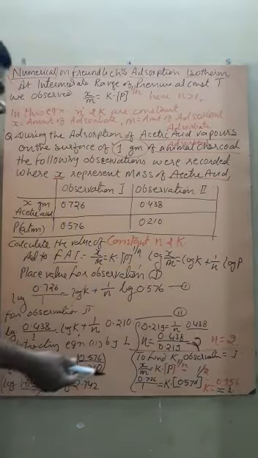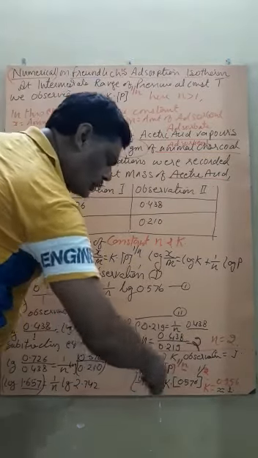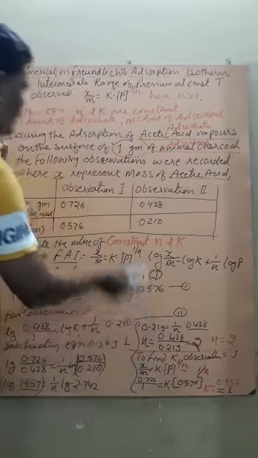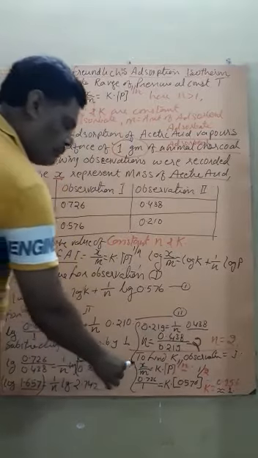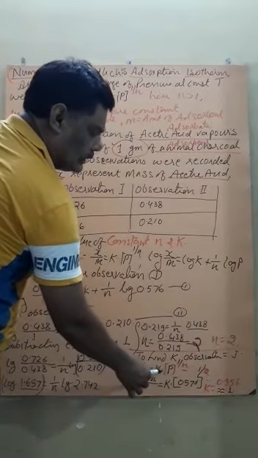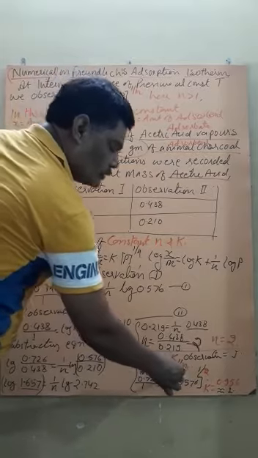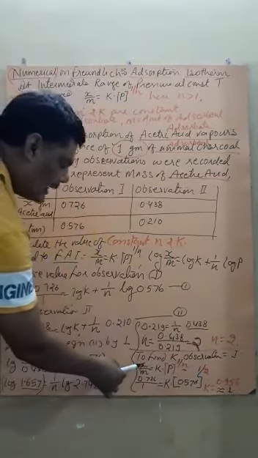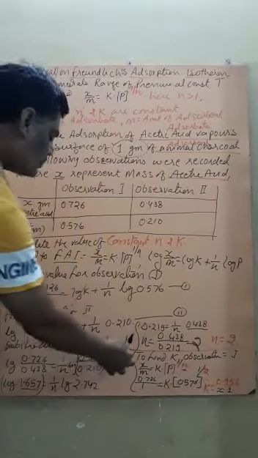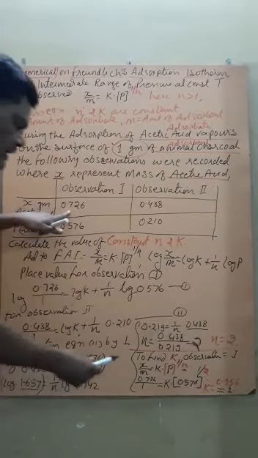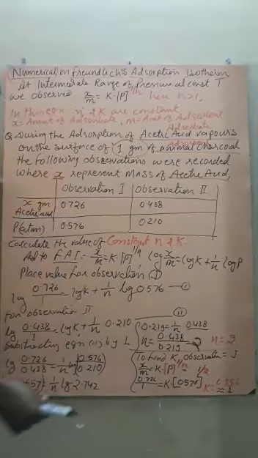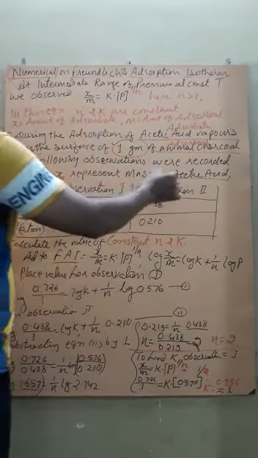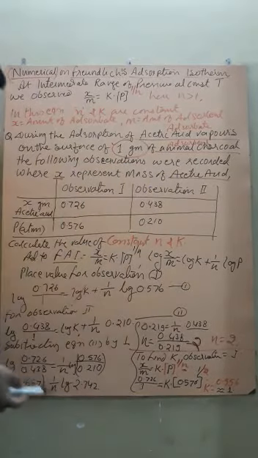Now to find K, we do not have to use the log equation, but we can simply use the equation of Freundlich adsorption isotherm. X by M is equal to K into P to power 1 by n. So in place of n, place the value 2. In place of X, we are dealing with observation number 1, so 0.726 upon M. M is the mass of animal charcoal, which is 1 gram.